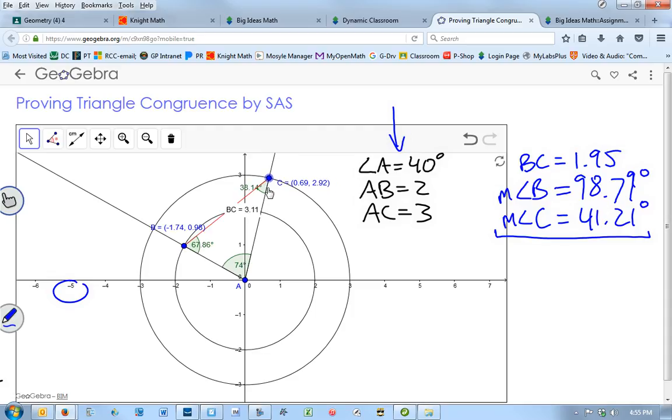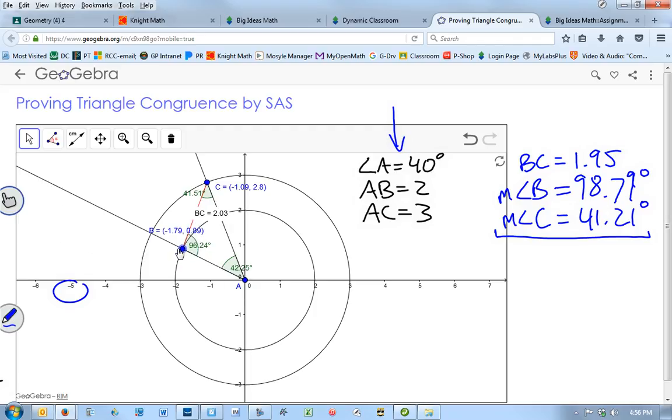I'm going to change this until we get it to 40 degrees. Let's see if I can get it dialed in. Come on, 40 degrees, stay. There it is. Okay, we got 40 degrees.